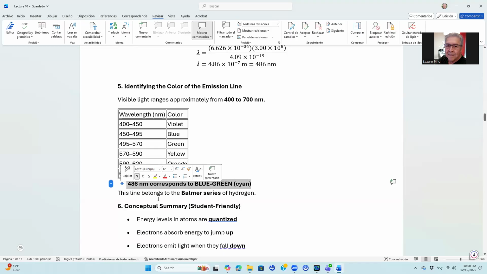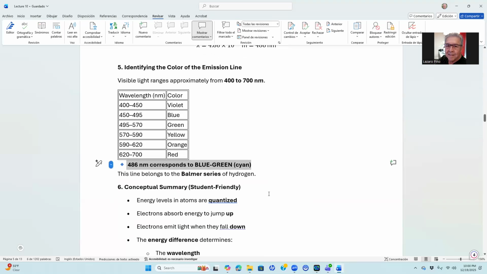This line belongs to the Balmer series of hydrogen. These are the different series in hydrogen. The series correspond to the different transitions of an electron from one level to another, and the corresponding light or line in the spectrum.